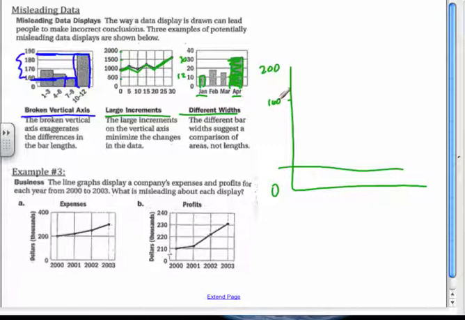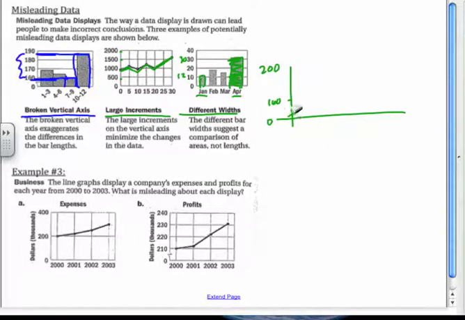So we don't need all of this space. We're just going to draw our graph up here, and we'll just say this is 0. And we'll break this right there, like we just shrunk it because we don't need all that space. But you see what happens is it makes the differences exaggerated. One looks a lot bigger than the other.